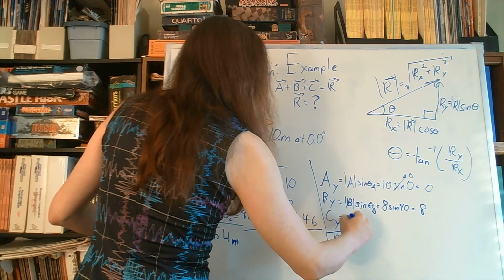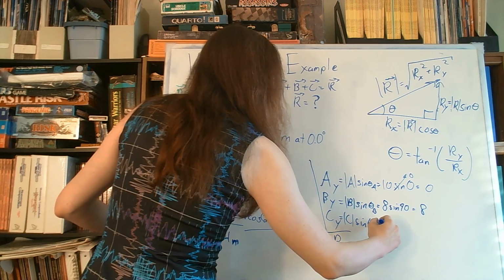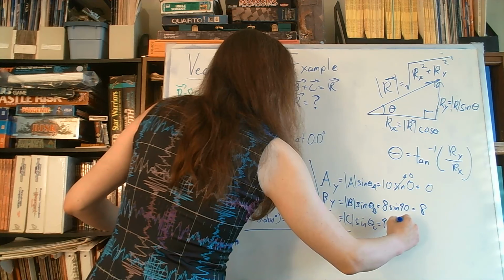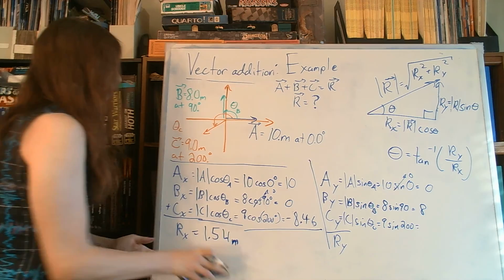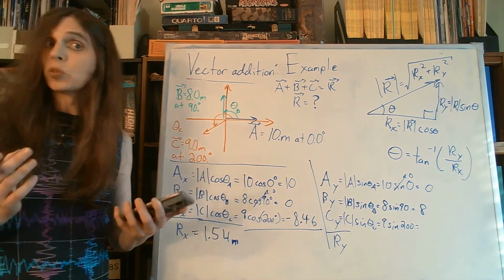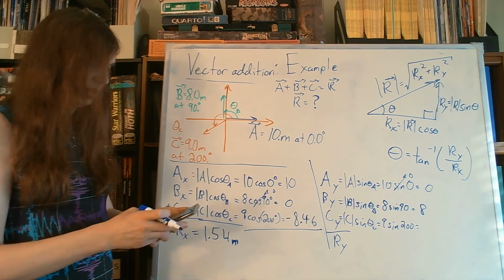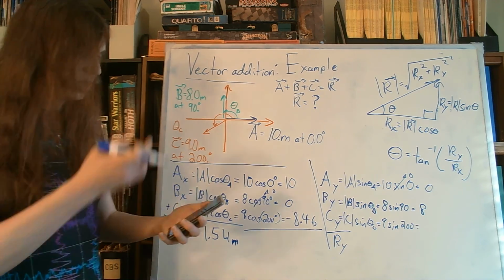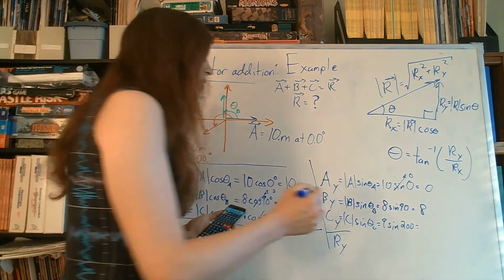And then we had C sine theta C, which was 9 times sine 200, and that's around negative 0.34 for the sine value, which gives us about negative 3.08.